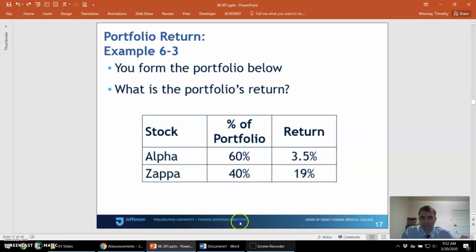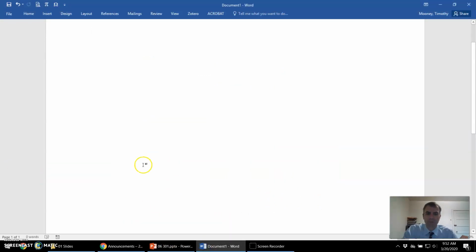And the result, the math is in the notes section of the slide. But here's the weights, right? 0.6 and 0.4, I would decimalize those. And then the returns, decimalize these. Right? Portfolios like this would have a return that's equal to, here's the weight in stock A times stock A's return.